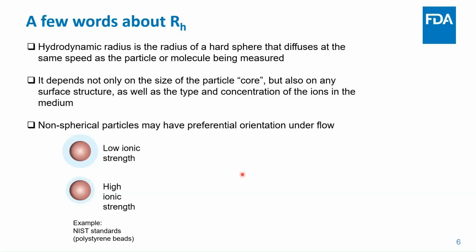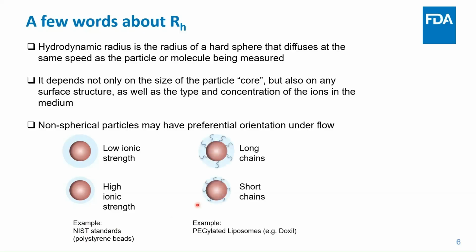And those affect that slipstream, that drag layer that the particle actually has to pull around with it. So usually the higher the ionic strength, the smaller the observed hydrodynamic radius of a particle is.